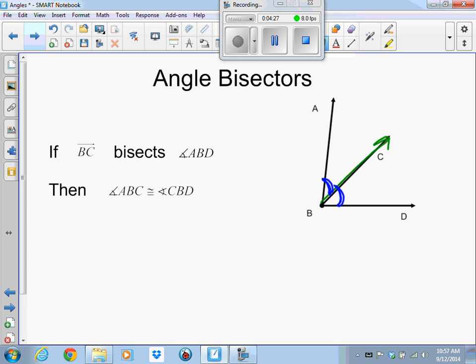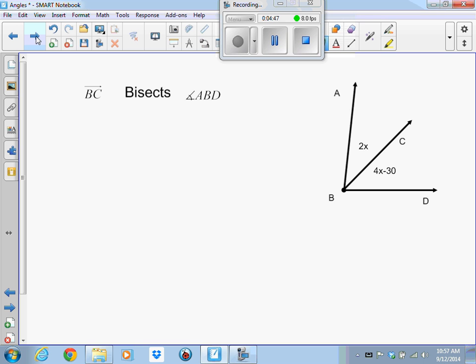One mark means that every other angle with one mark is the same. Two little marks would say it's congruent to every other angle that has two marks. Basically, we're going to set it up the same way.